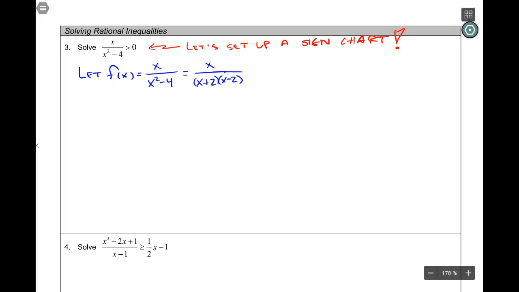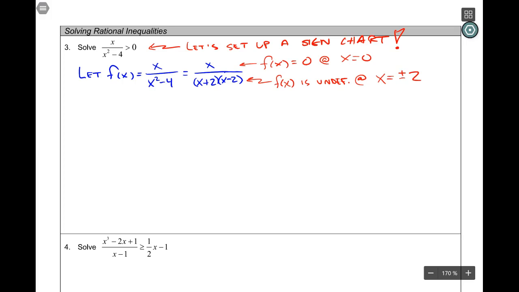So my numerator here, I know that f of x will equal 0 at x equals 0, and I know that f of x is undefined at x equals plus or minus 2.